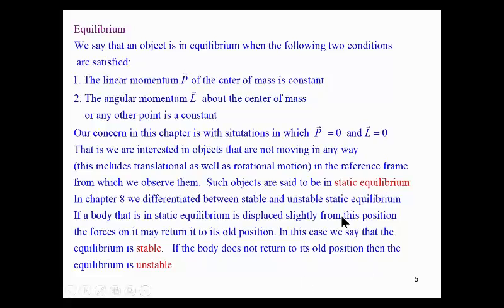But in this topic we are talking about static equilibrium, not just equilibrium, because an object could be moving or rotating and still the net torque could be zero. Here, since we are talking about static equilibrium, we want to make sure the object is not moving and not rotating. That's what we call static equilibrium.